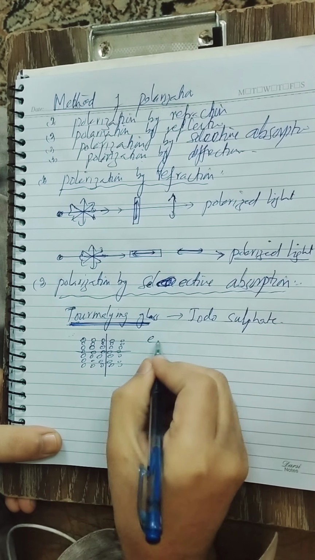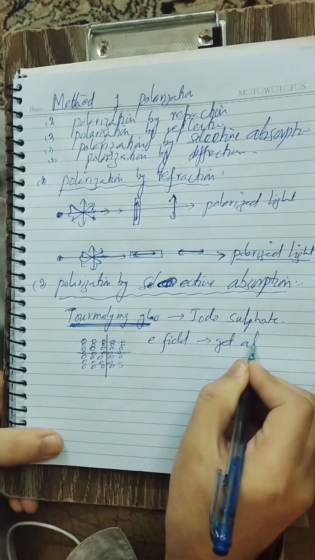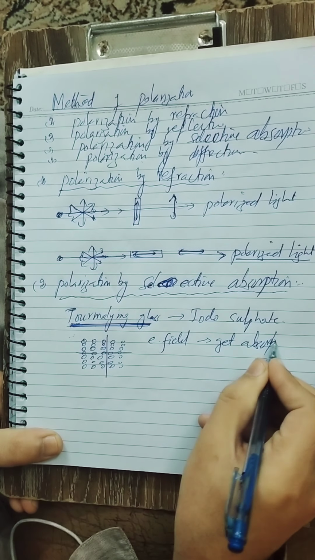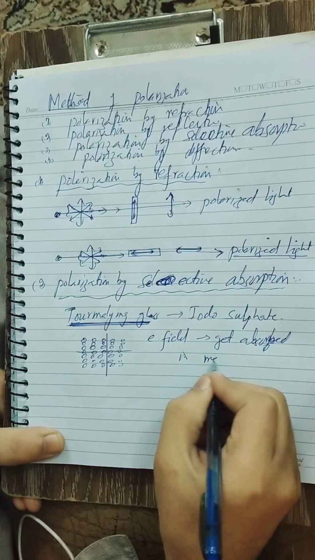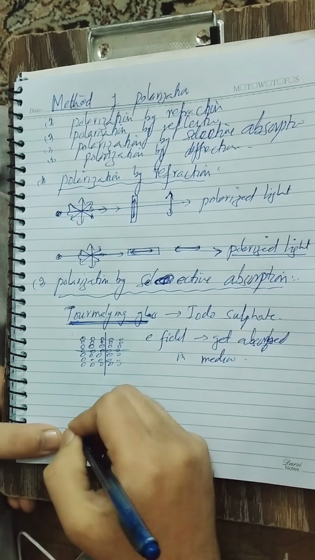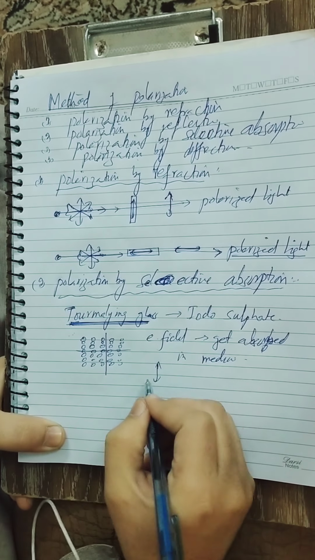It means that the electric field will be absorbed in the tourmaline glass or in the medium, while the magnetic field will pass.